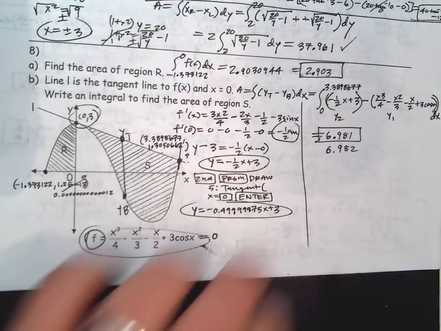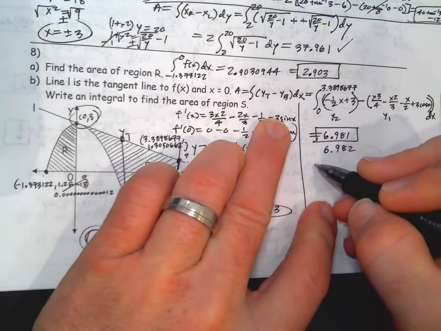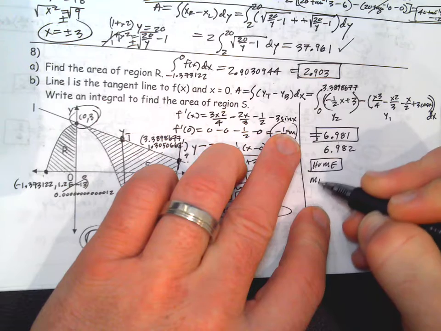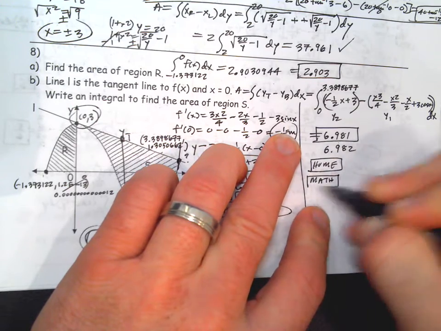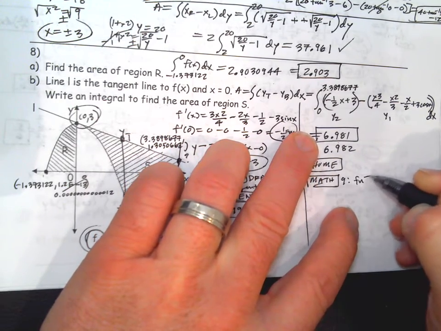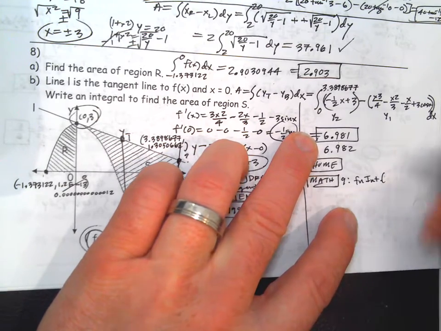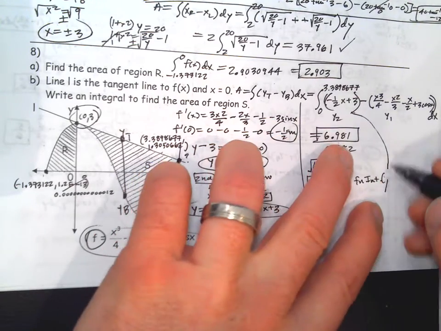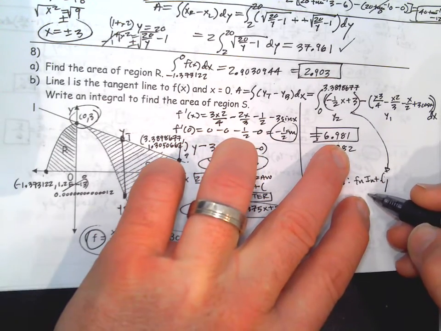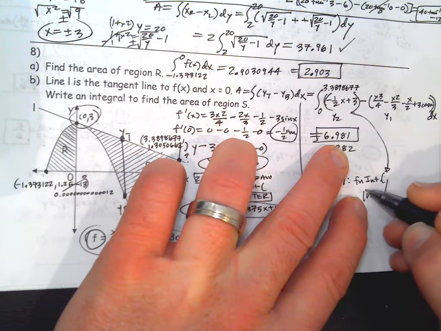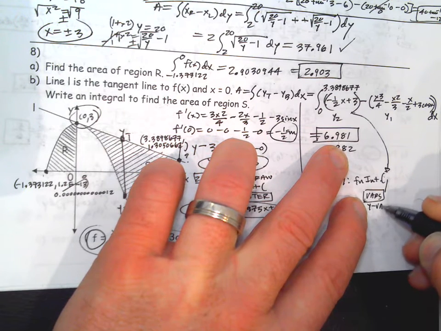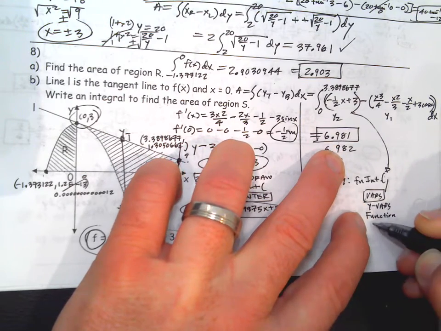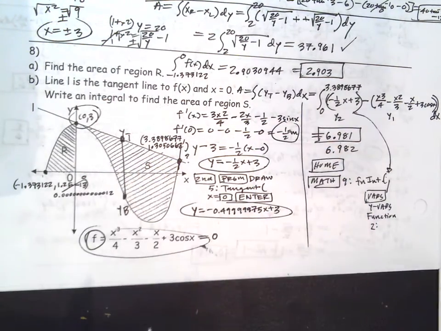So just reminding you, I went to the home screen. I'm just going to write this down. I went to the home screen, and I went to the math button, number 9, fnInt, right? And then to put this equation here, I did vars, y vars, function, and I picked option 2. Let's look at it again.